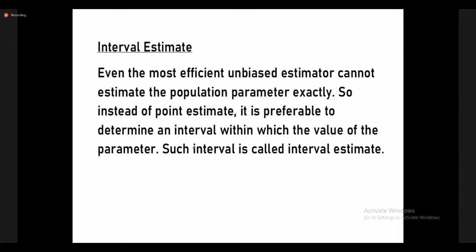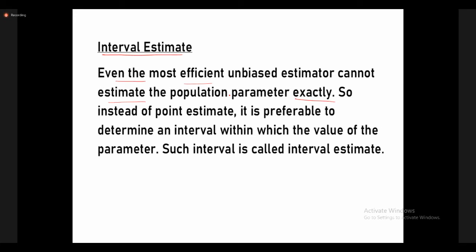One is the point estimate, and the second one is the interval estimate. Now all of you see the definition of interval estimate. Even the most efficient unbiased estimator cannot estimate the population parameter exactly.